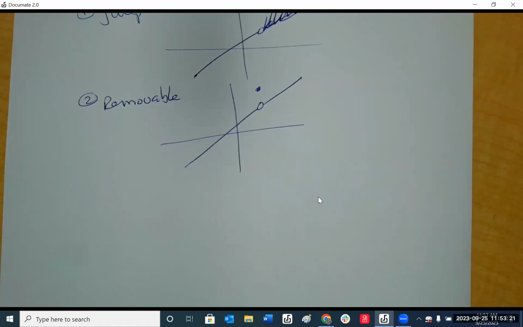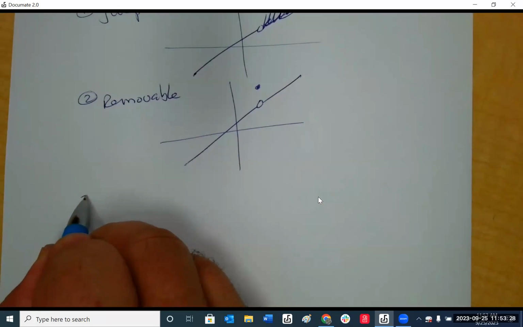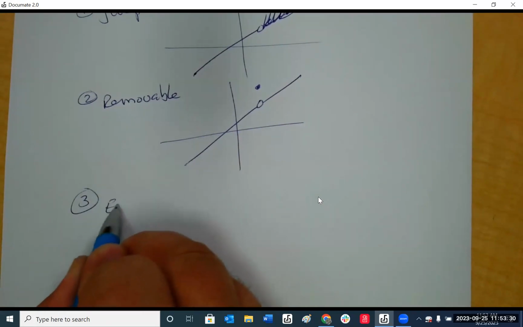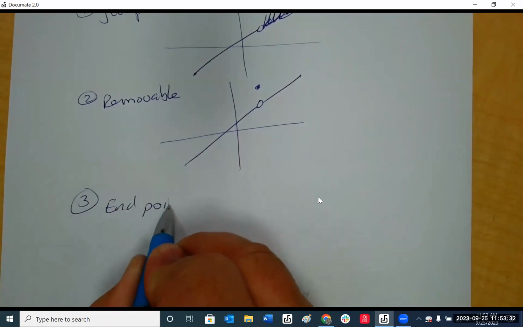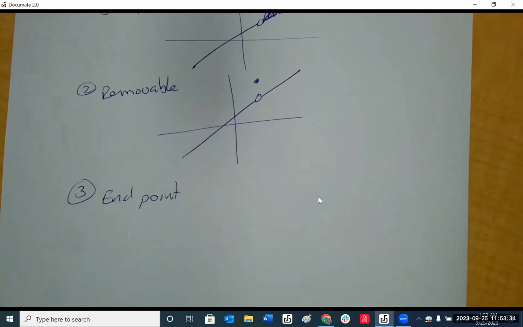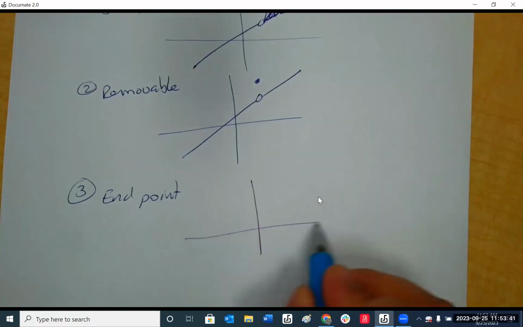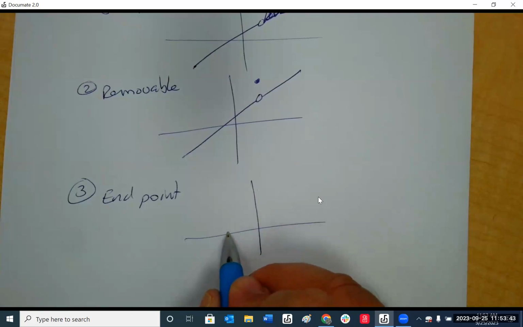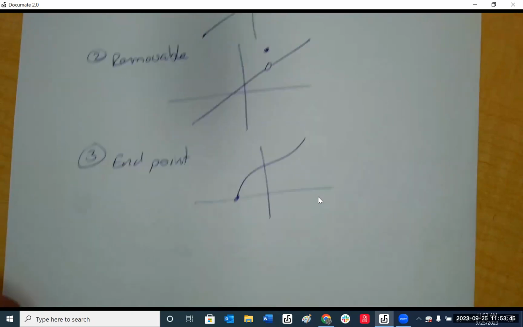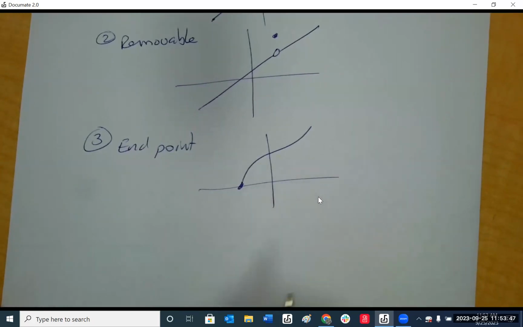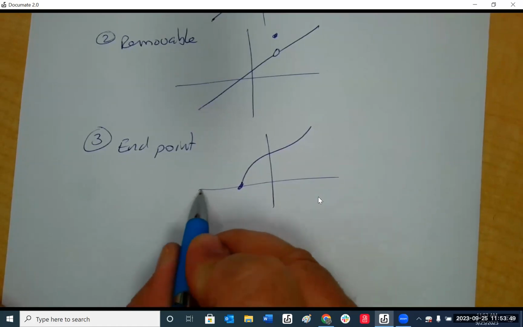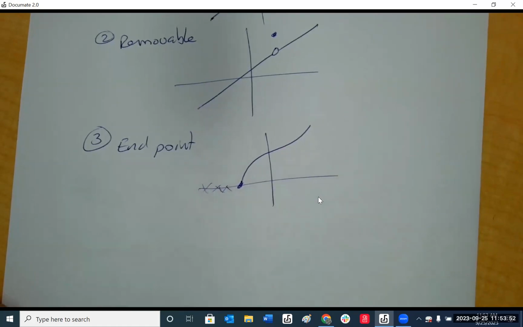If it's an endpoint. Yes. Why? Because it can't be continuous. You can't check on both sides. You can't check it from the left.